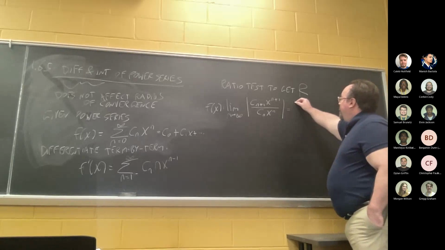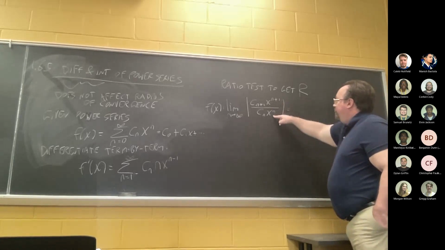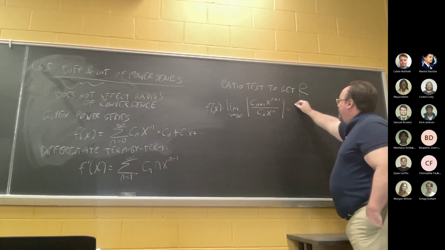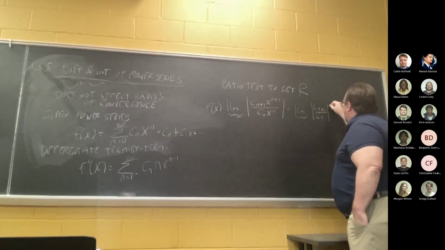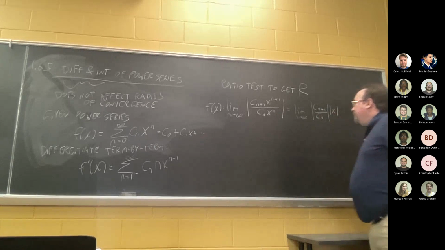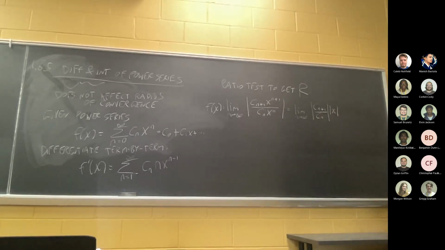What I'm going to get is, x to the n plus 1 over x to the n simplifies to x. So what I end up with is Cn plus 1 over Cn times the absolute value of x. Whatever formula you have for these, you figure out what the limit would be, and that will lead you to your radius of convergence.